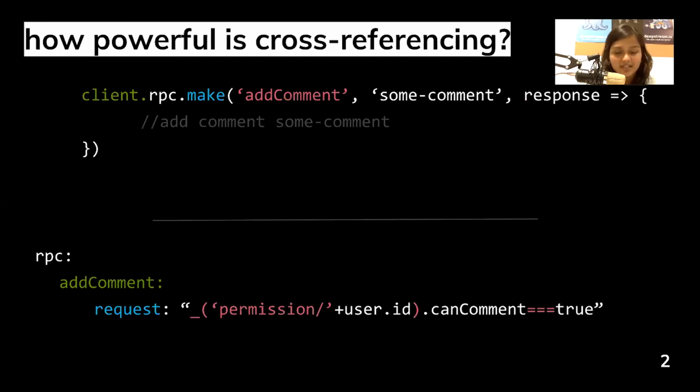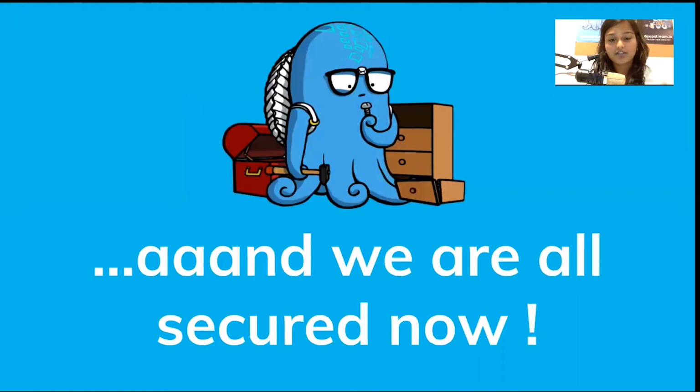Otherwise, I need to kick out the connection of the client and the client has to reconnect, because there's no way in which it automatically refreshes and takes the new permissions within the subscribe. So you'll have to keep that in mind as well. So we have covered all three aspects in deepstream security, and we are all secured right now.